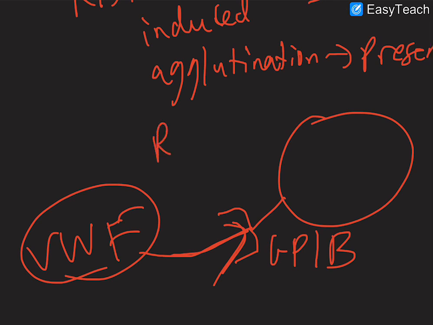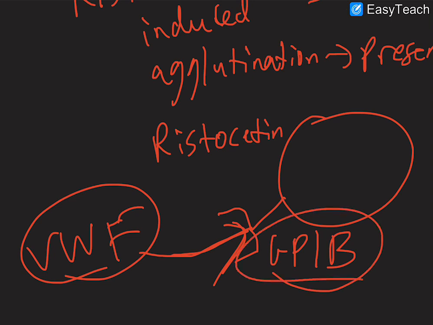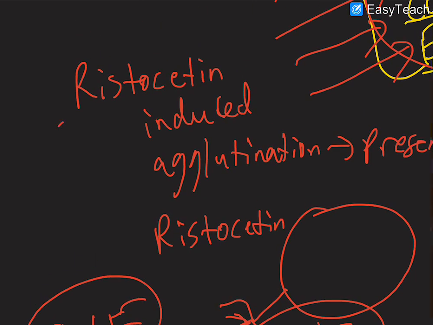Who forces this to happen? Ristocetin. You don't have any problem with glycoprotein 1b. You have a problem with glycoprotein 2b3a in this disease. So the ristocetin test would be normal. You would see ristocetin-induced agglutination. That's how you can differentiate from Bernard-Soulier syndrome, where you would not see ristocetin-induced agglutination because you have defective glycoprotein 1b.